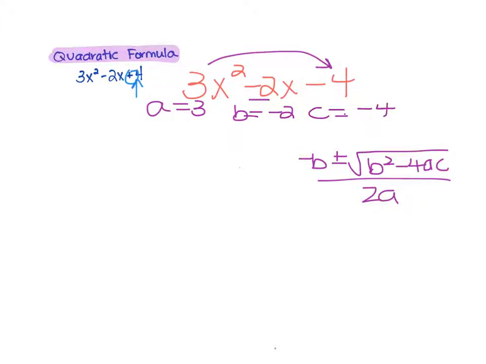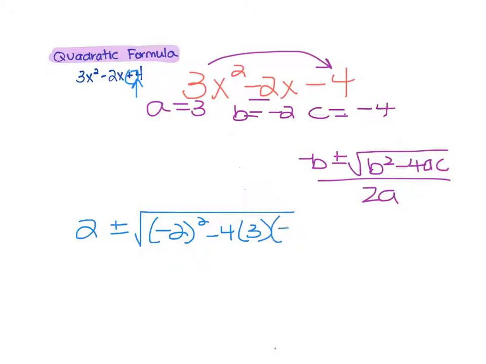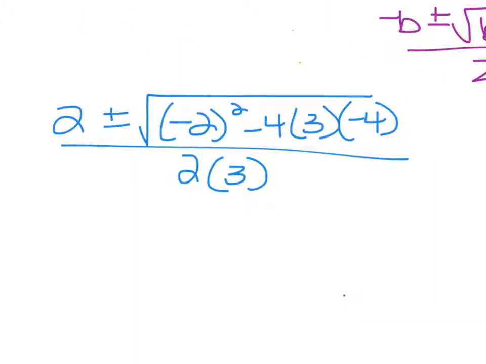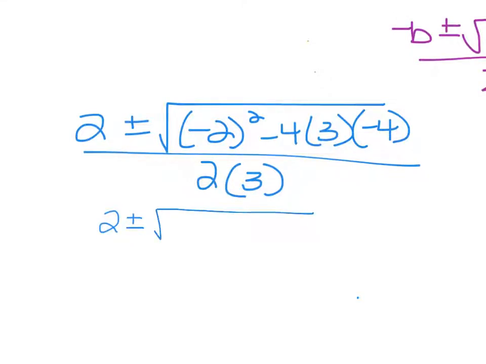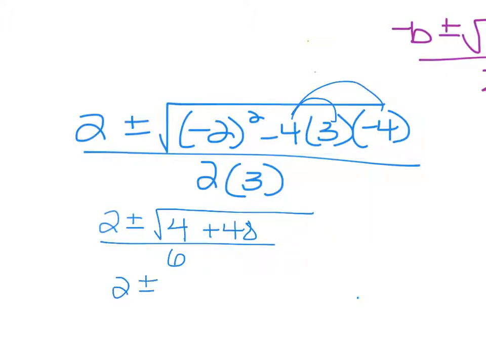The opposite of negative 2 for b is 2, plus and minus the square root of negative 2 squared minus 4 times a, which is 3, times c, which is negative 4, all over 2 times a, which is 3. So I get 2 plus or minus the square root of 4 plus 48, over 6. 2 plus or minus the square root of 52 over 6.